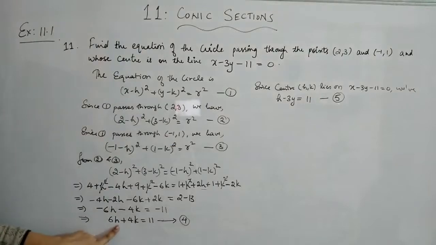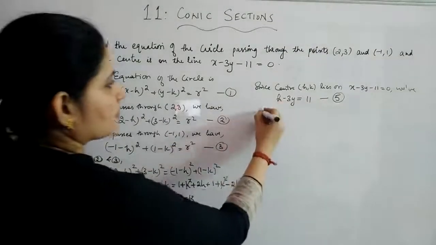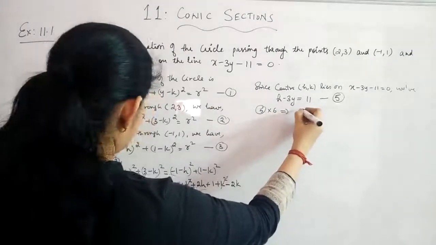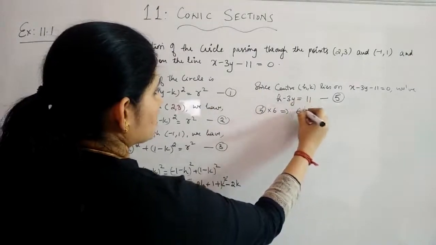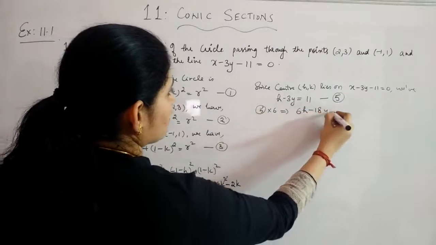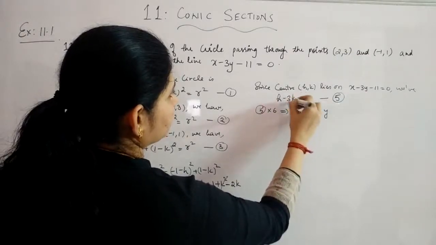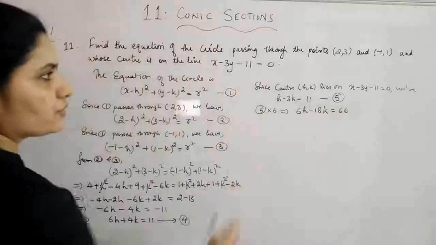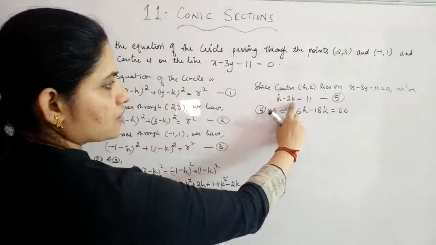This is 6h, here you have h. So we can multiply the fifth equation with 6 in order to get the coefficient of h as 6 for both equations. So this will become 6h - 18k = 66. So we have replaced x and y with h and k.